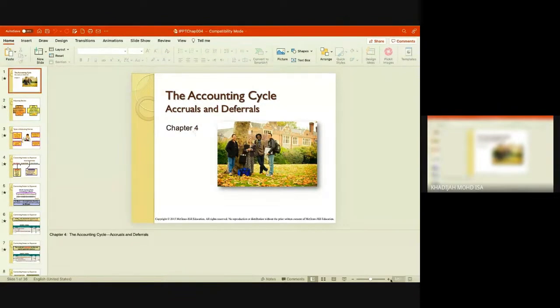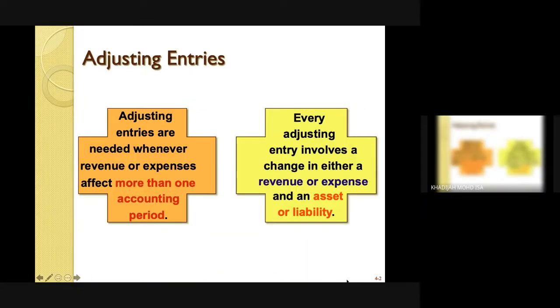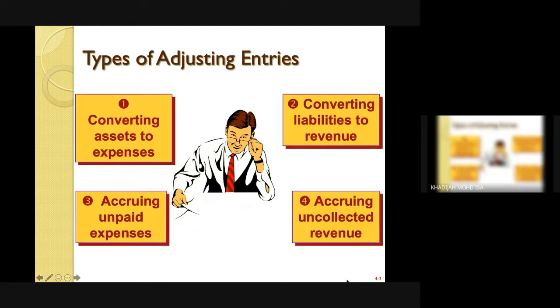Right, let's go through it very quickly because it's just a revision, but how it's presented is a bit different. Adjusting entries are needed whenever revenue or expenses affect more than one accounting period. Every adjusting entry involves a change in either a revenue or expense and an asset or liability. There are types of adjusting entries: convert assets to expenses, number one; convert liabilities to revenue.